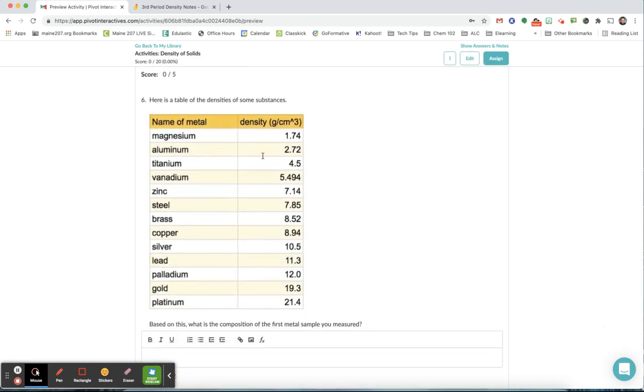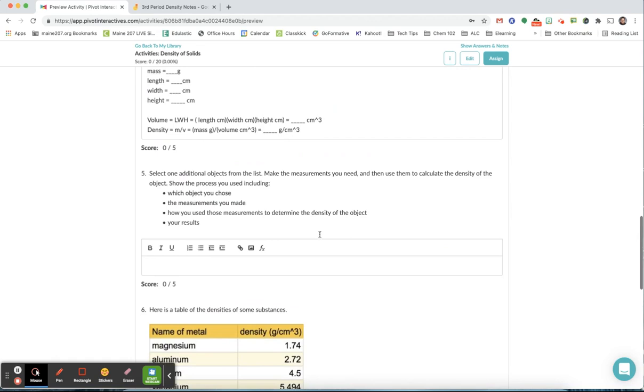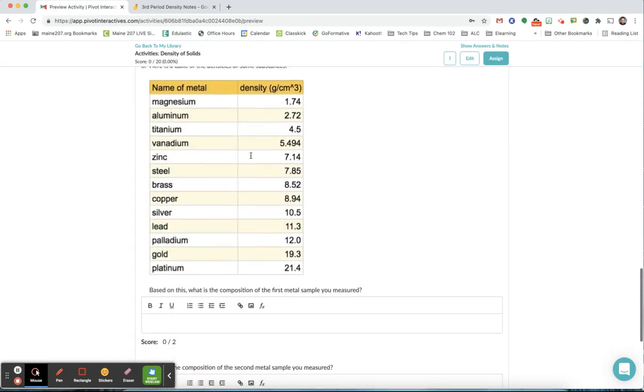Now, in question 6, here's a table of densities. What is the composition of the first metal sample you measured? So we calculated density here for object 3, and we're going to try to match it to one of these. So we can say object 3 is blank.